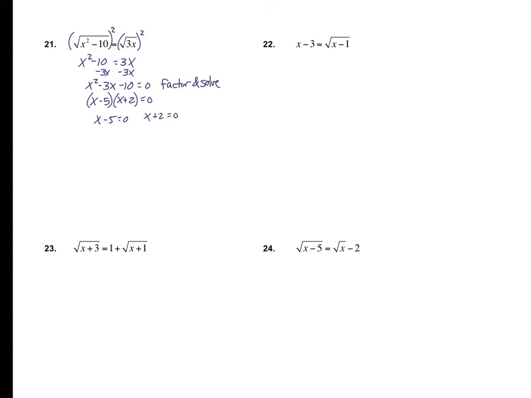Set each of those equal to 0 and we solve, so we get x equals positive 5. And subtract 2, we get x equals negative 2. We're going to plug those back in again to check.